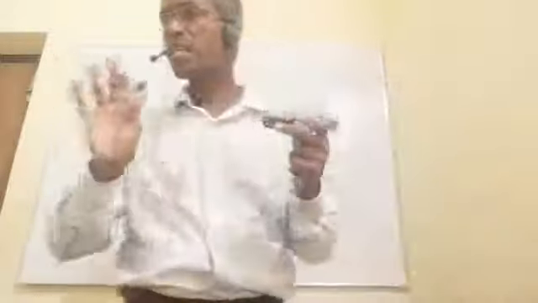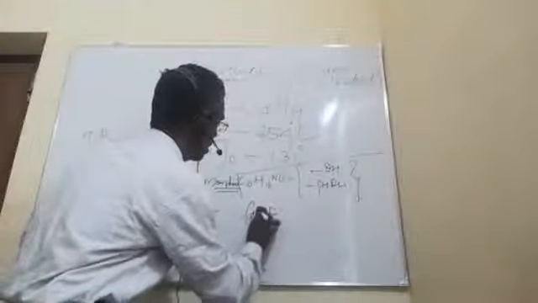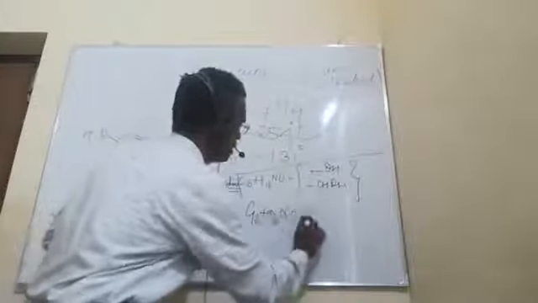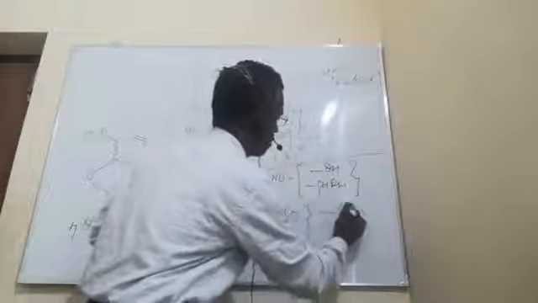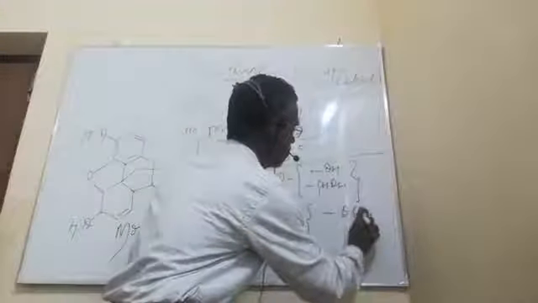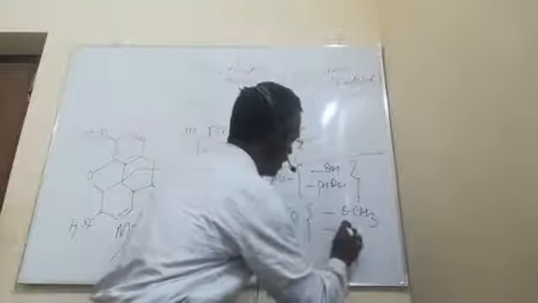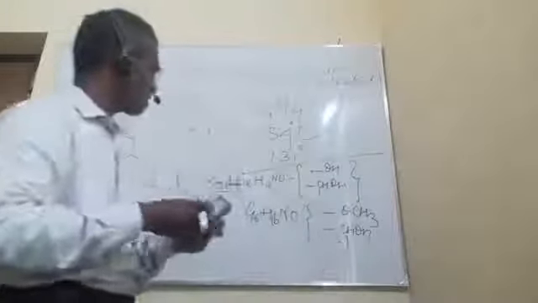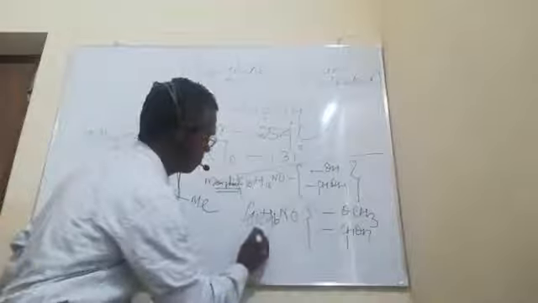And regarding codeine, C16H16NO, codeine. In codeine we have one methoxy group instead of the primary alcoholic, and one secondary alcoholic group. This is your codeine.